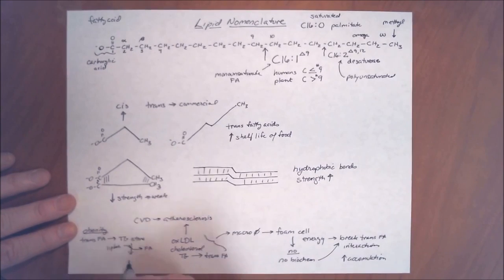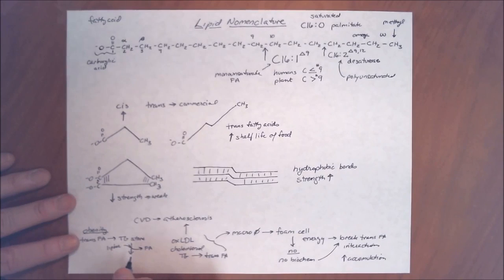The lipase activity is going to be a hydrolytic reaction to break the triglyceride into fatty acids and eventually its glycerol backbone. Now, to remove the triglyceride from the lipid droplet, we have to apply energy.